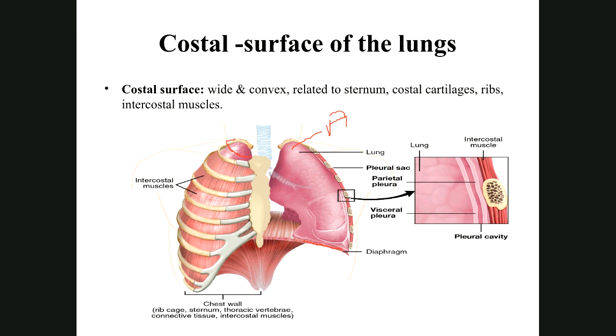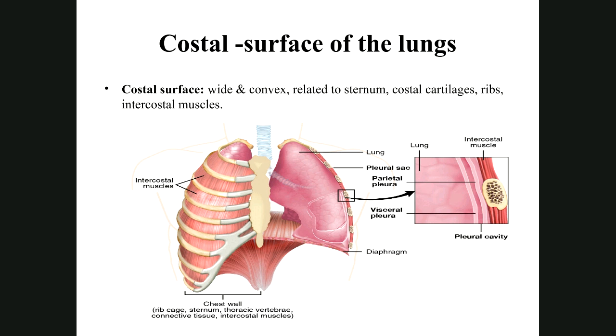Next. What is the costal surface? This surface. So that's why this diagram is clear now. The costal surface is wide and convex. What are the structures present here? It is related to the sternum, costal cartilages, ribs and intercostal muscles.